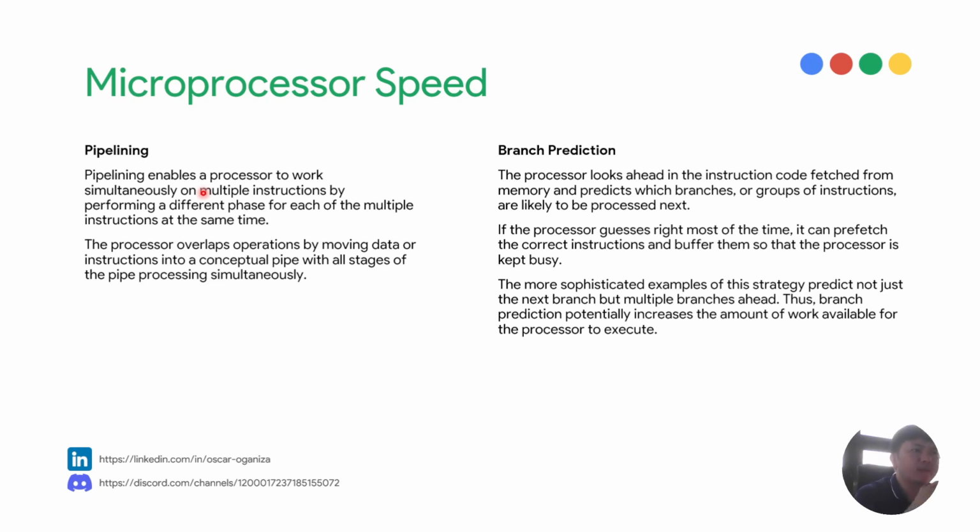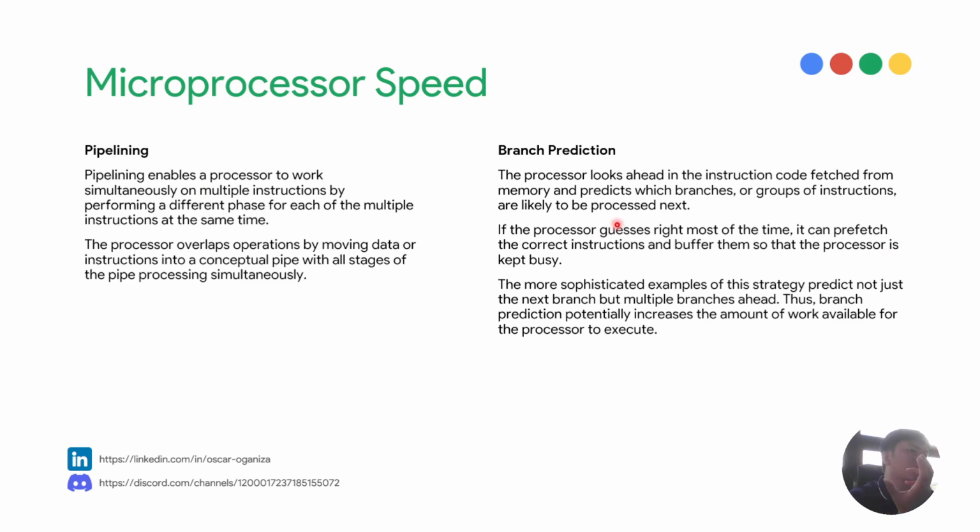The next one is the branch prediction. Ano naman ba yung tinatawag na branch prediction? Basically, the processor looks ahead in the instruction code fetched from the memory and predicts which branches or groups of instructions are likely to be processed next.